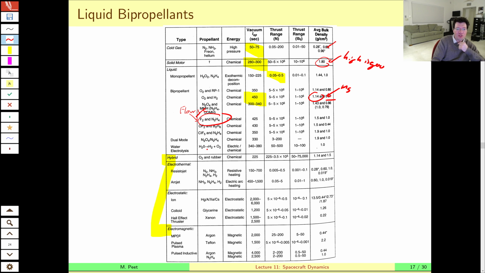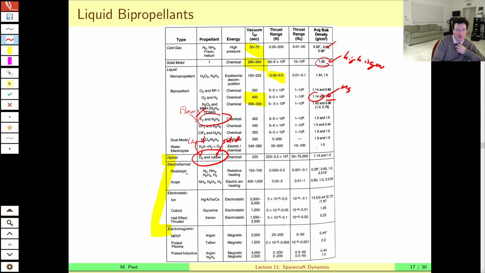Let's see. We also list here, which we're going to talk about in a second, hybrid rockets, which sort of combines some aspects of the solid with the aspects of the liquid, but in a less complicated way, which you don't need the gears and stuff for. You still have leaks, but you don't need the gears. There aren't as many moving parts.